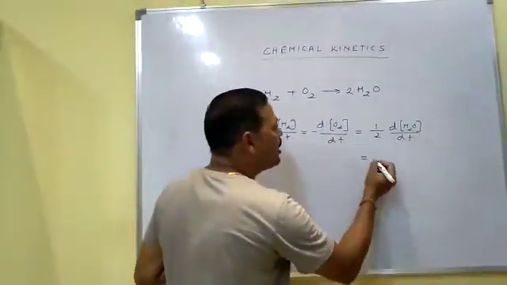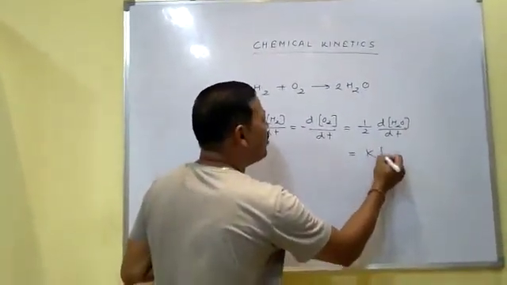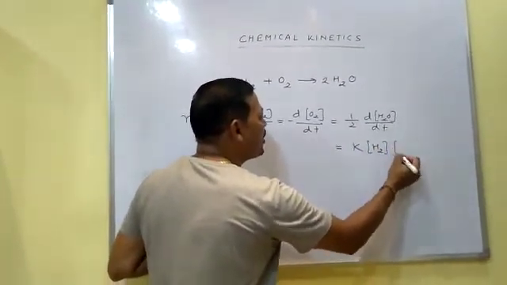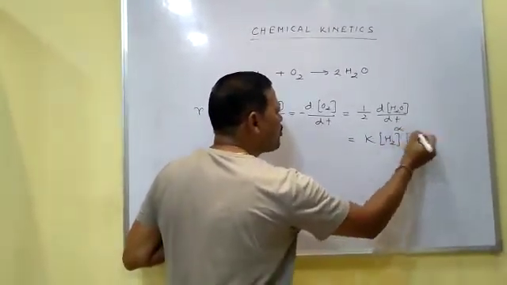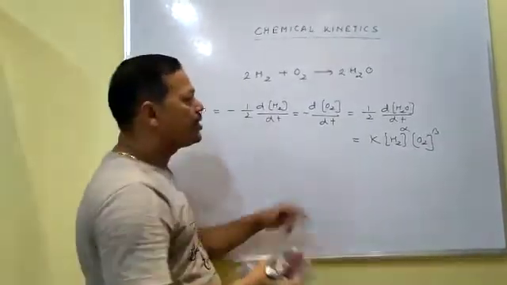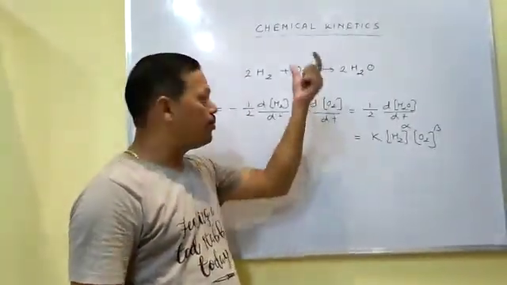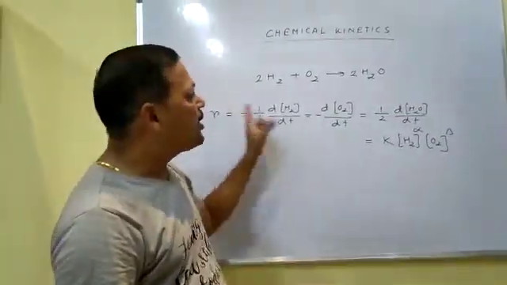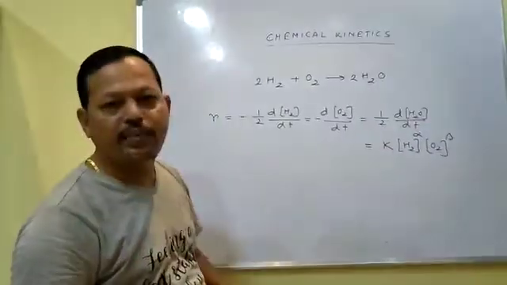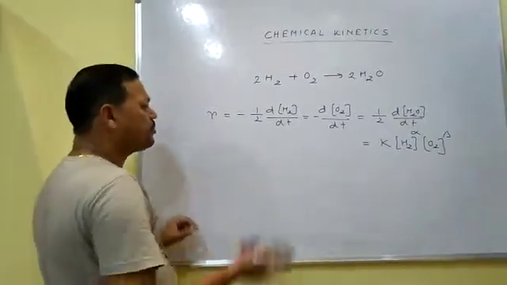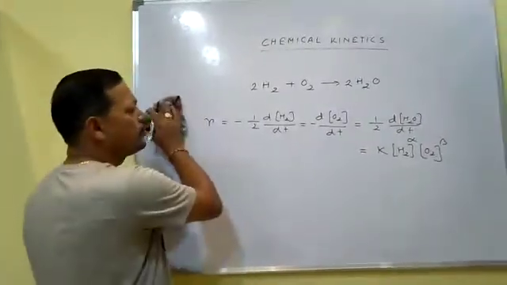Or you can write it this way also, K of concentration of H2 to the power alpha into concentration of O2 to the power beta. This is according to differential rate law and this is according to your previous formula. Like this way you can express the rate of a chemical reaction. You can apply both formulas.